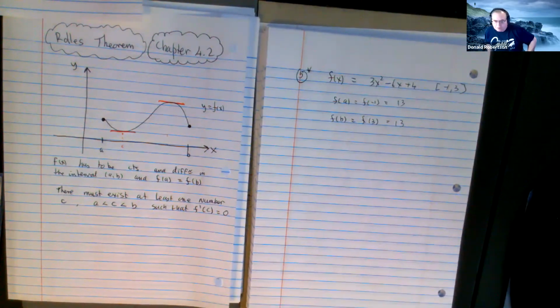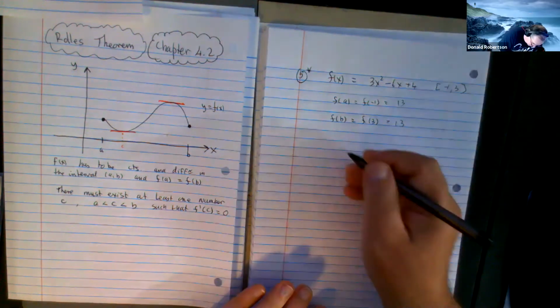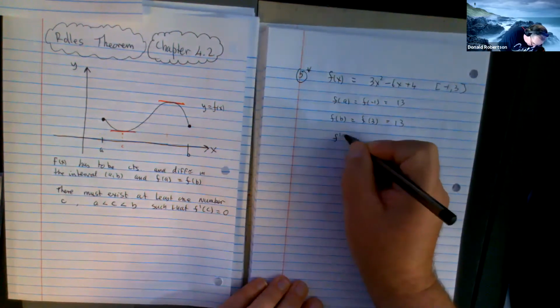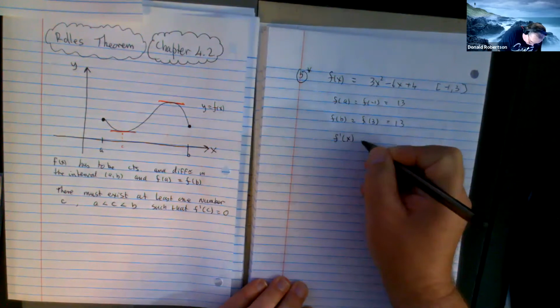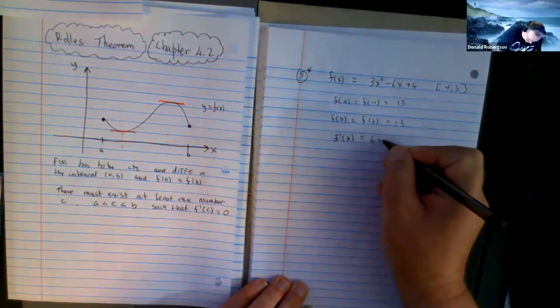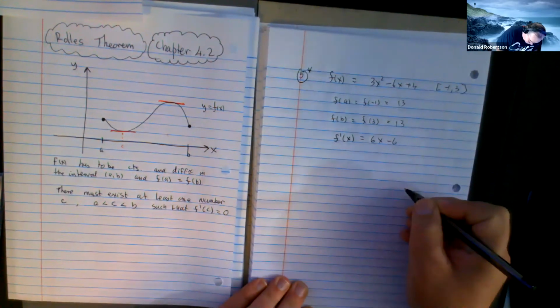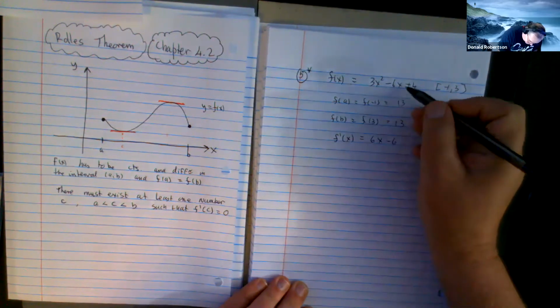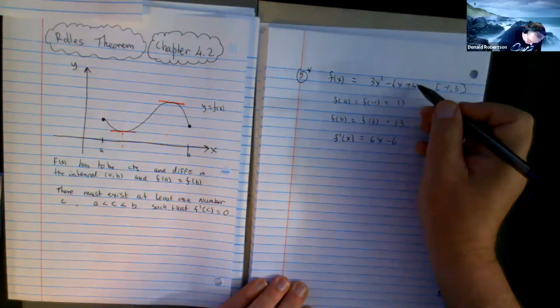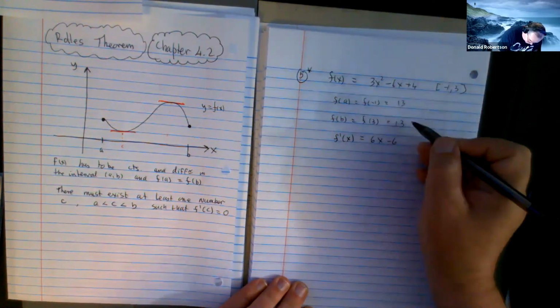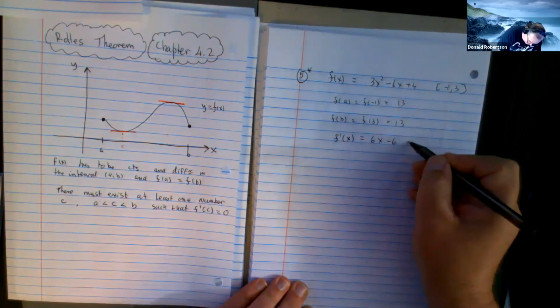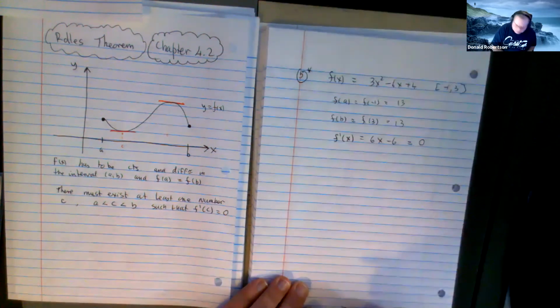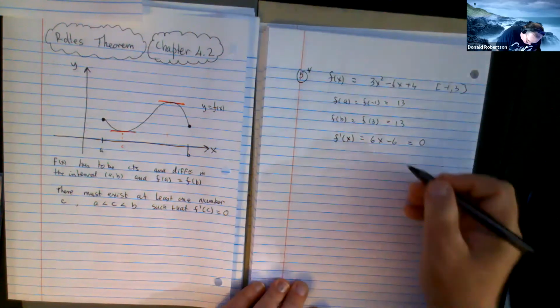Rolle's theorem can now be used. So we are going to find the derivative, which in this case is 6x take away 6. And according to Rolle's theorem, because this is a continuous and differentiable function, and it starts and finishes at the same place, there's guaranteed to be a 0 derivative. And that ends up being 1.